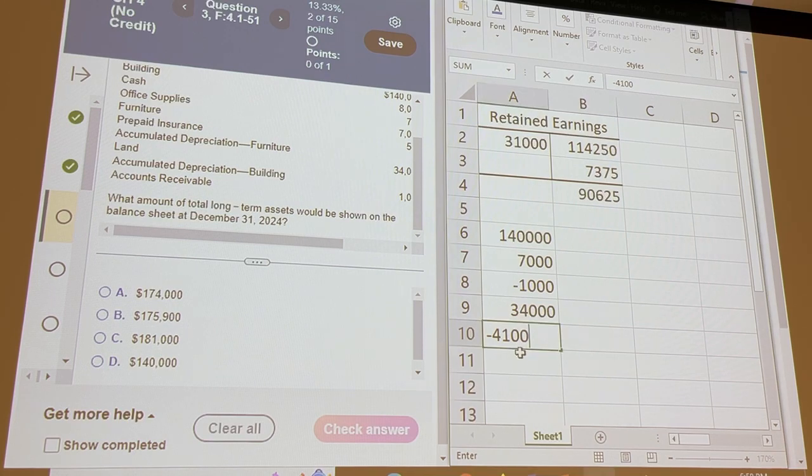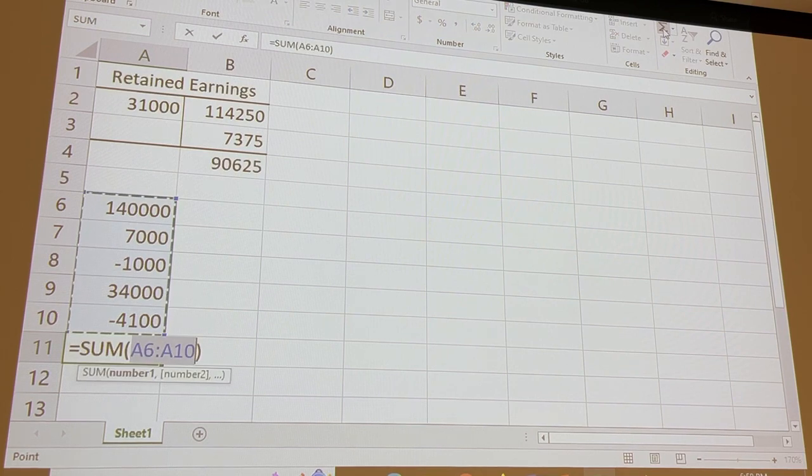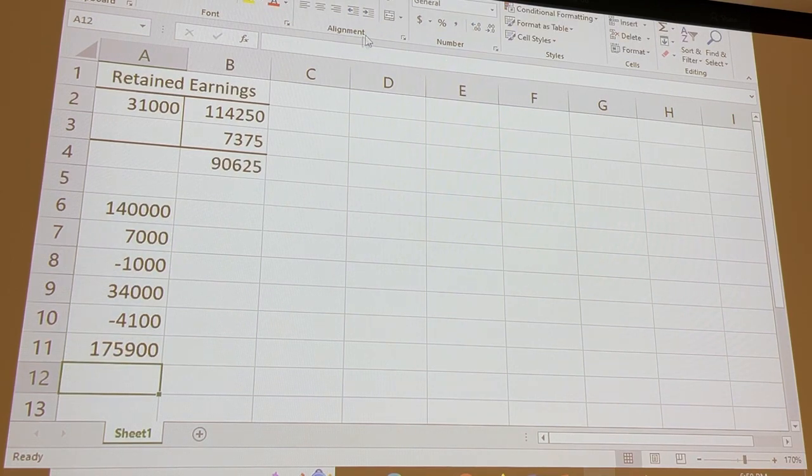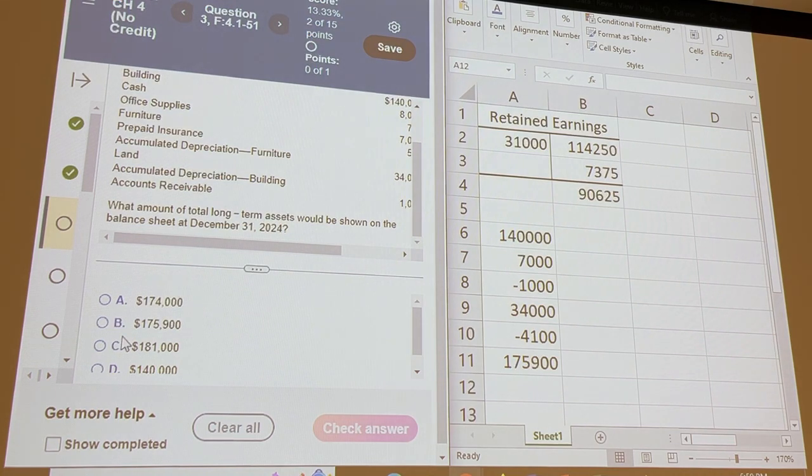And I guess that's it. So adding those up, I get 175,900.